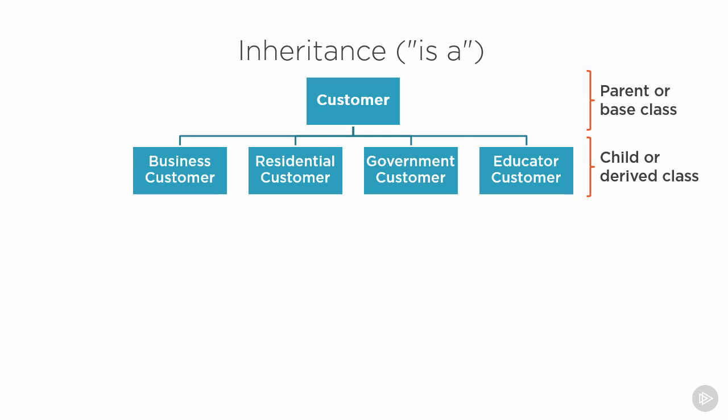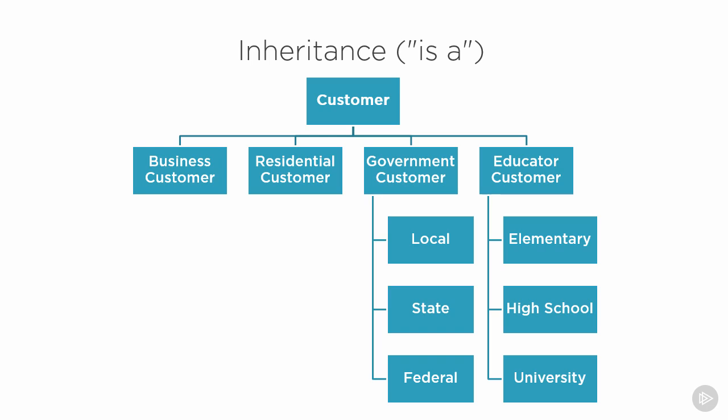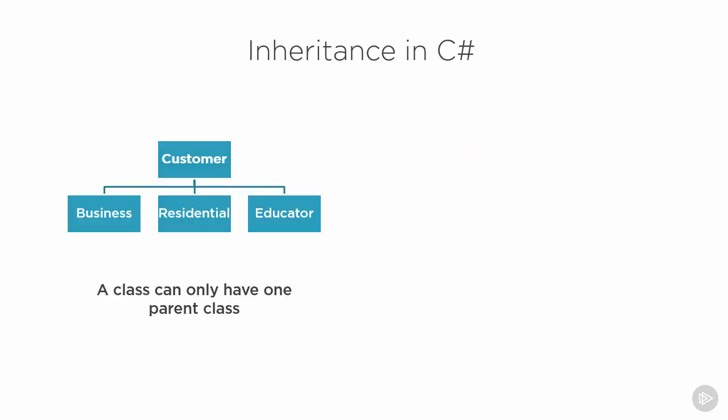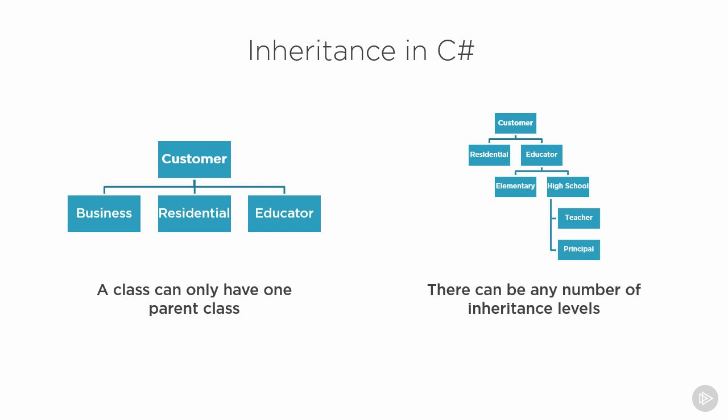If the requirements warranted it, we could expand the hierarchy even further and define local government customers and state government customers, and so on. When implementing inheritance in C#, a class can only have one parent class. C# does not support multiple inheritance. There can be any number of inheritance levels, from customer to educator to high school to teacher, and so on.